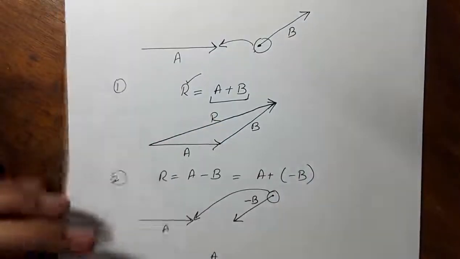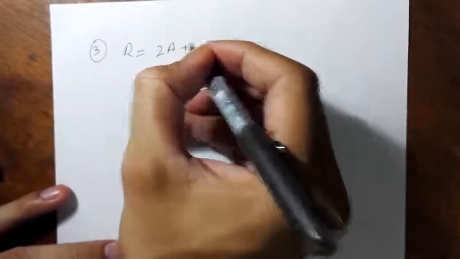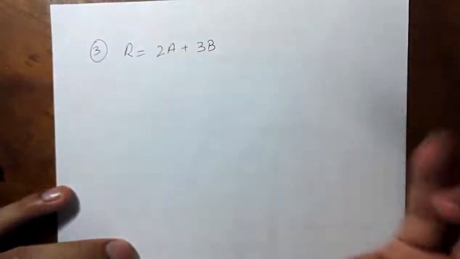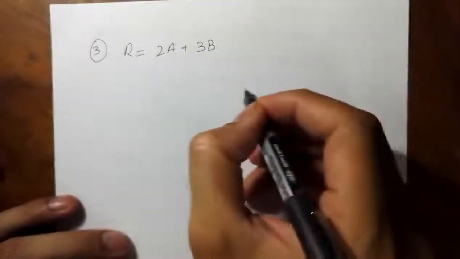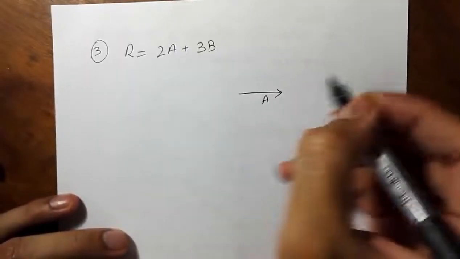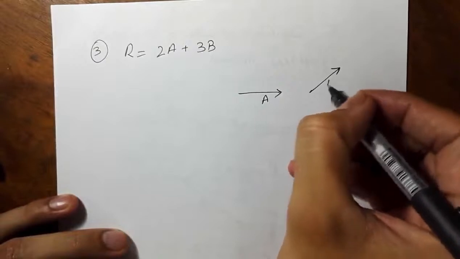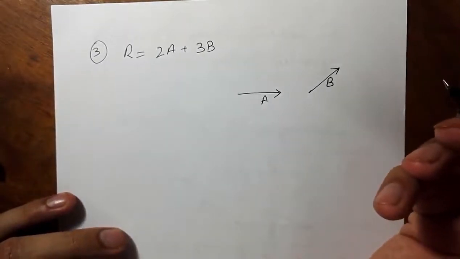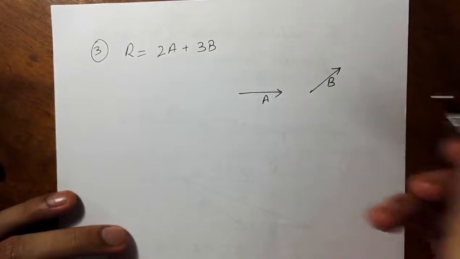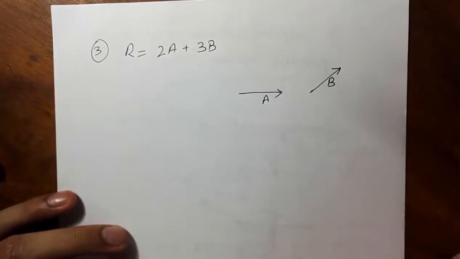Now let's discuss another case. Let's suppose we have to find R is equal to 2A plus 3B. A and B are the same vectors, like this, A, B. So we have to find 2A plus 3B. So first of all we have to draw vector 2A.